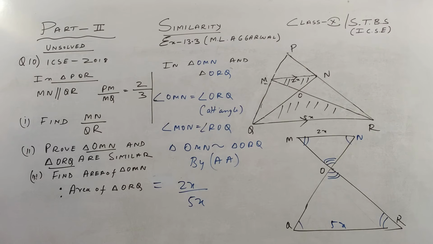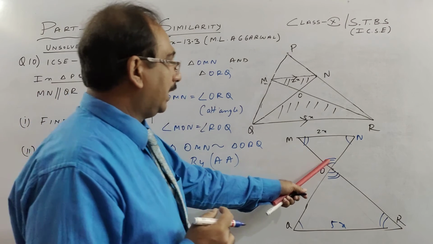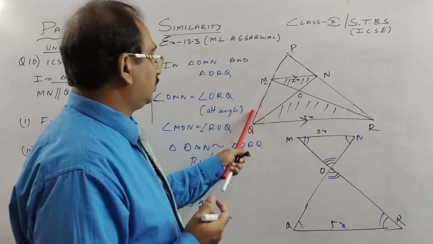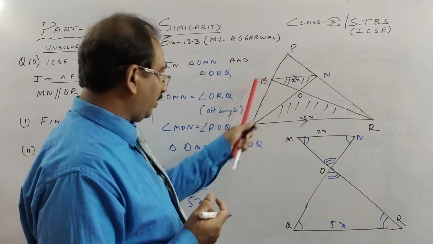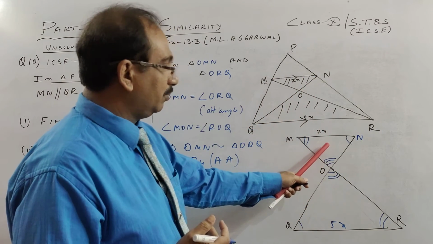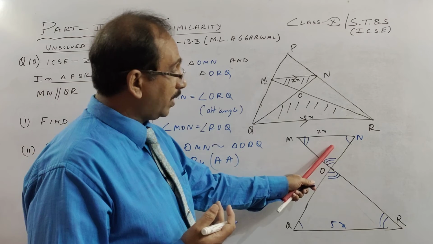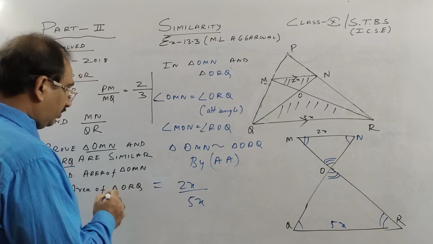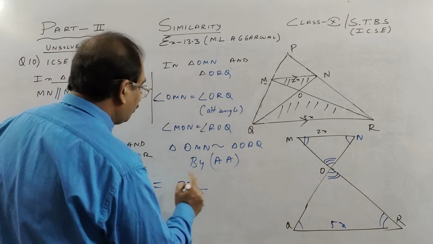Okay. So the side of this is 2x. In part 1 I have proved that, remember. This was 2:3, then we plotted 2:5, so this is also 5x. So the areas of these two triangles will be proportional to the square of their sides. Actually, one thing more I should have written here before writing this.